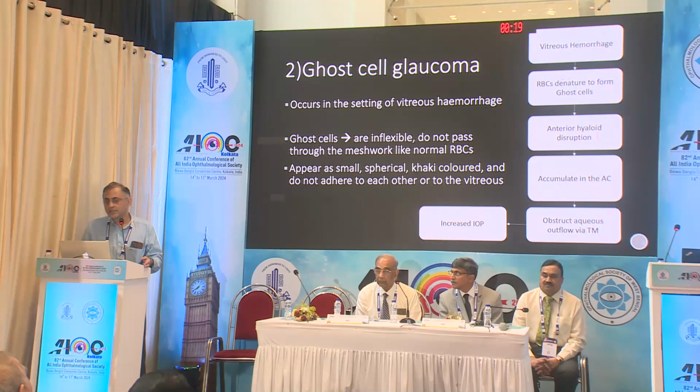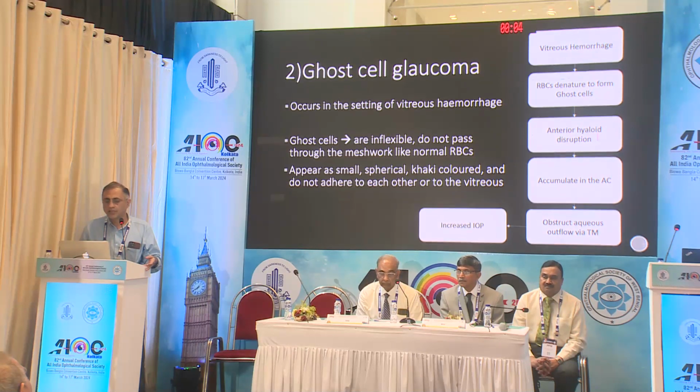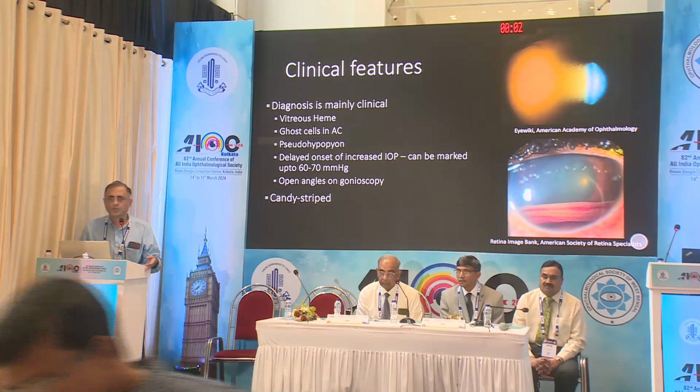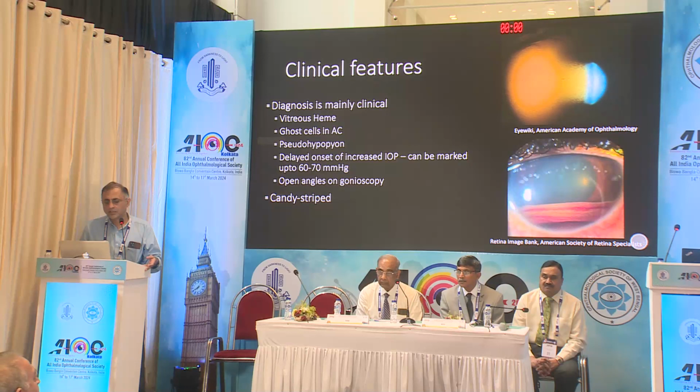The next is ghost cell glaucoma. This occurs when there is vitreous hemorrhage. The RBCs denature, they form ghost cells, and when the anterior hyaloid ruptures, they accumulate in the anterior chamber. They obstruct the aqueous outflow and increase the intraocular pressure. So this is what they look like.